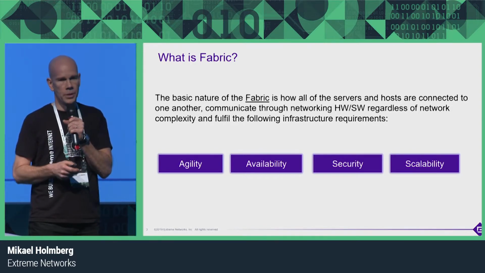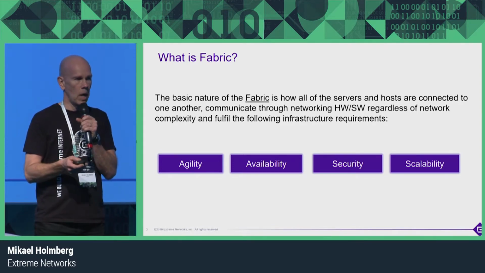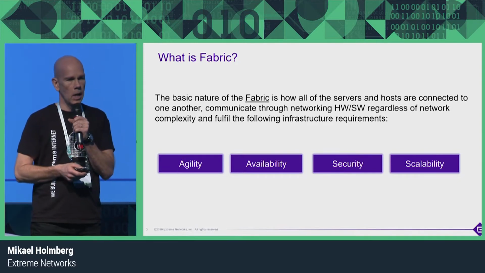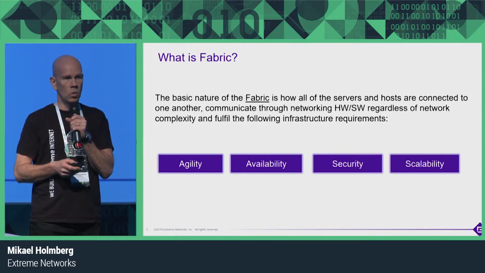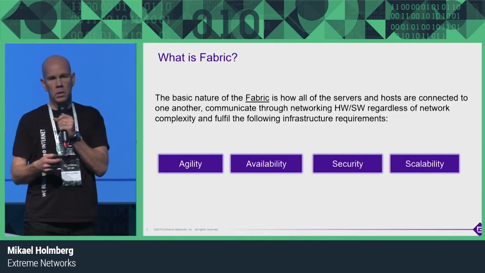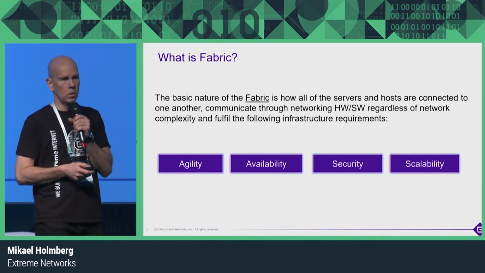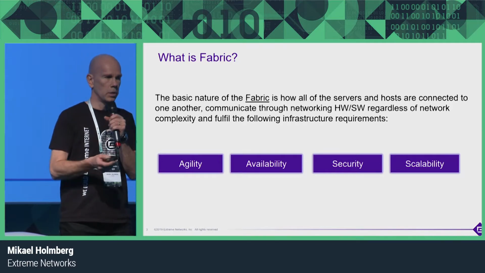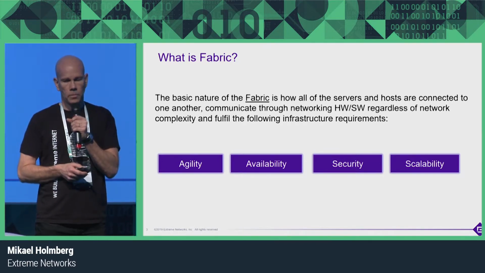Those being agility: rapid service turn up, adds, moves, changes, things like that. Availability. We do talk about HA, right? I don't think you need to mention more when you talk about availability. That's a given. Then security is a given as well. I'm not going to spend time talking on that one because that's the expectation that you have all of these components taken care of.